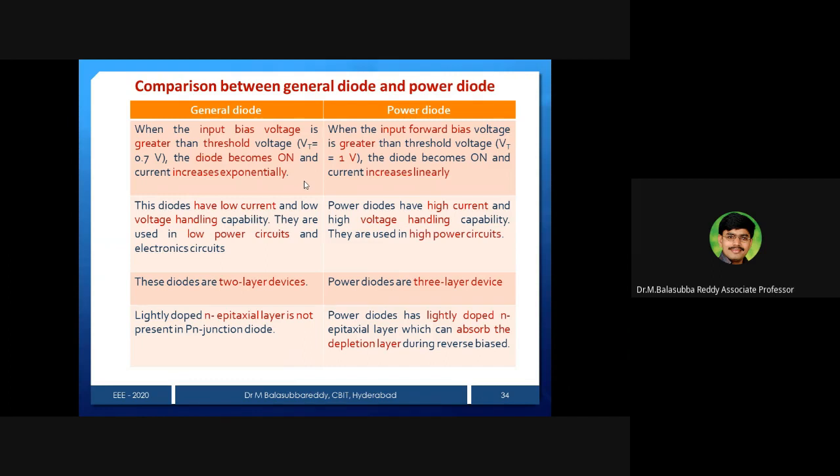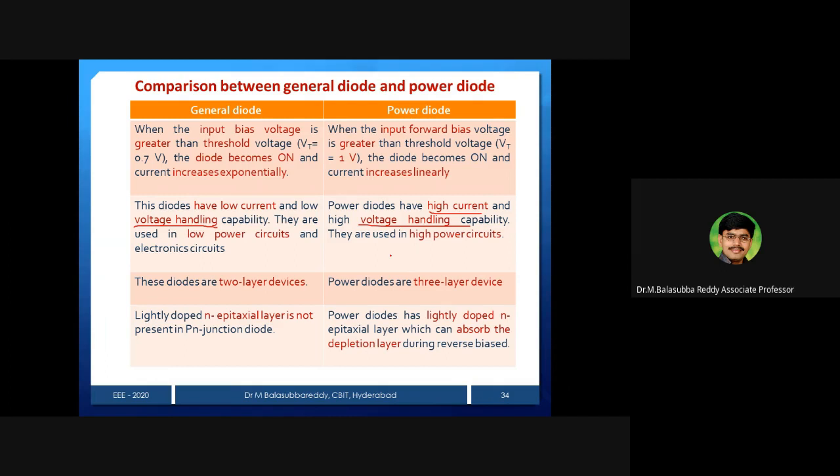Normal general purpose diodes have low current as well as low voltage handling capability. Whereas the power diode has high current and high voltage capability.